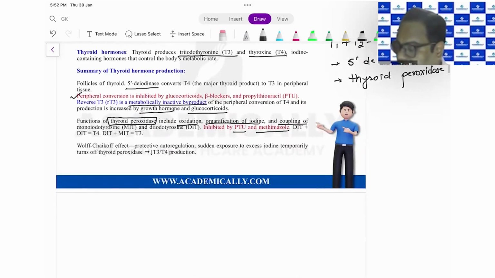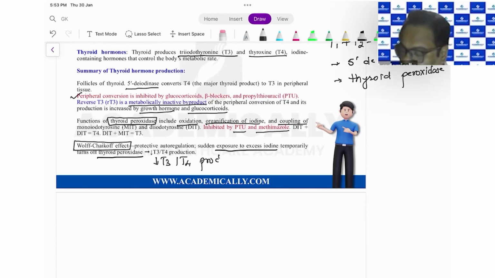Now, physiologically, there's one effect that we have to study, and that is called the Wolff-Chaikoff effect. What is that? If there is sudden exposure to excessive iodine, temporarily thyroid peroxidase will be turned off, and that means there will be decreased T3 and T4 production. So if you suddenly give a lot of iodine to any person, there will be decreased T3, T4.